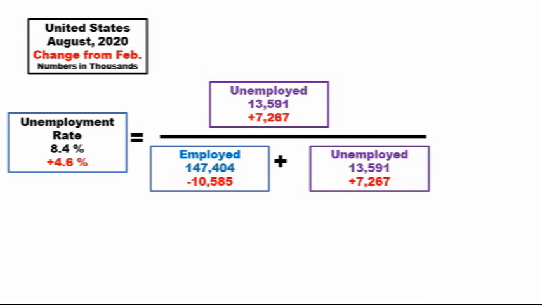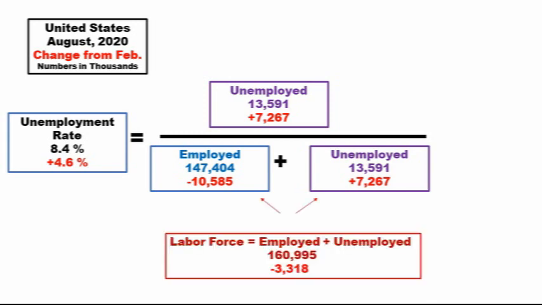The number of unemployed was 13.6 million persons, and this is an increase of 7.3 million between February and August. That increase of 7.3 million unemployed was a 114.9% increase over the number of unemployed in February, 6.3 million unemployed.